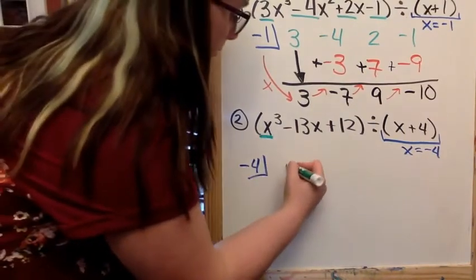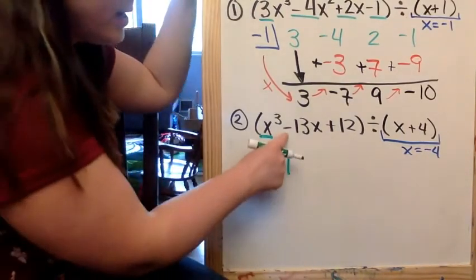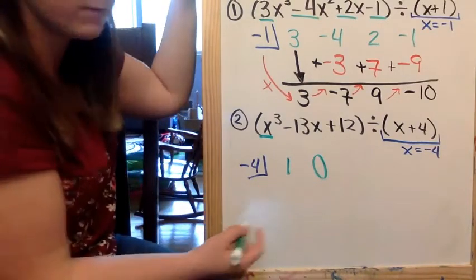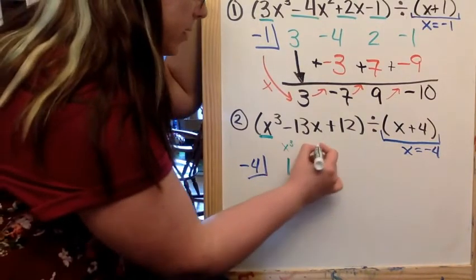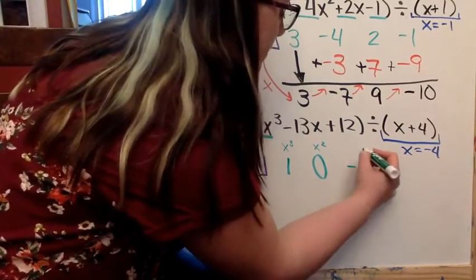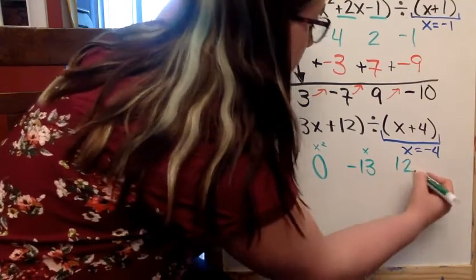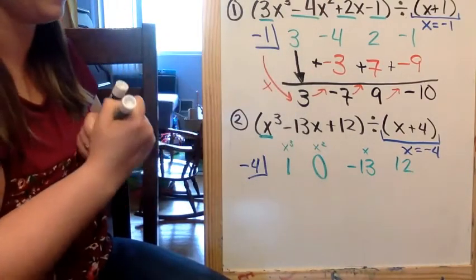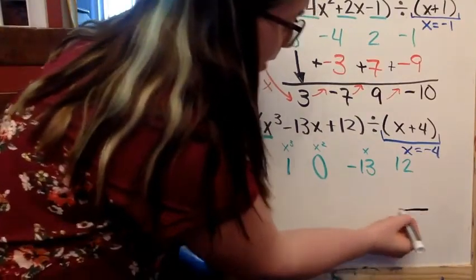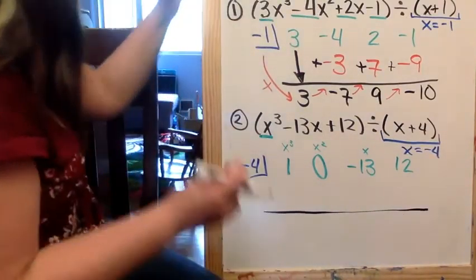I've got 1 for my x to the 3rd, nothing for x squared, so I need that placeholder 0 for x squared. So it's my x to the 3rd, x squared, -13 for my x, and 12 as my constant. And then again, putting that line across the bottom.